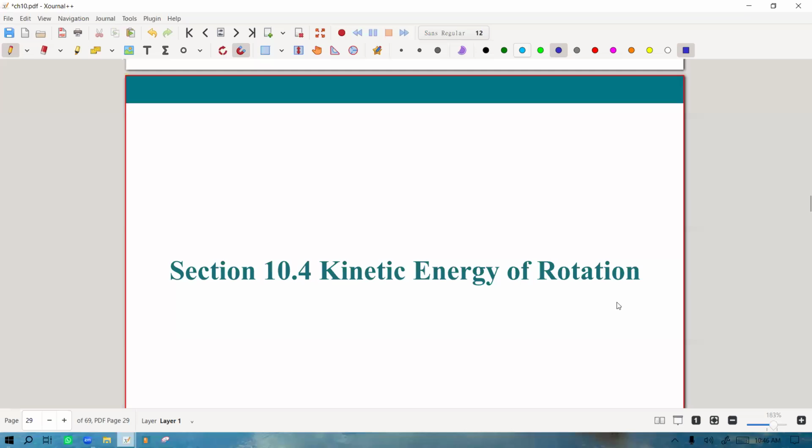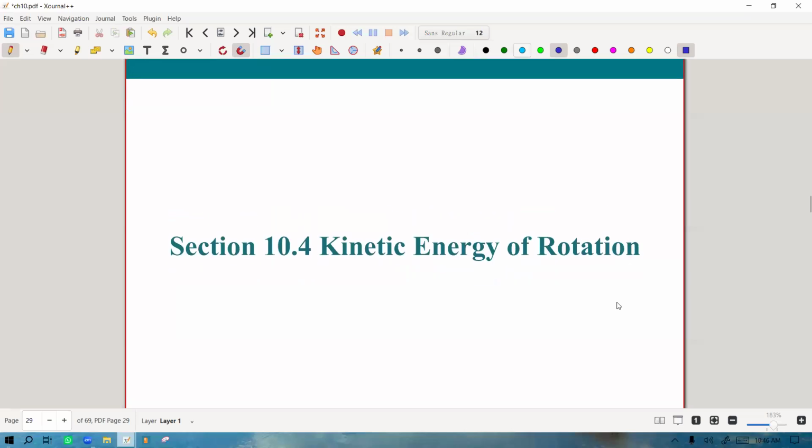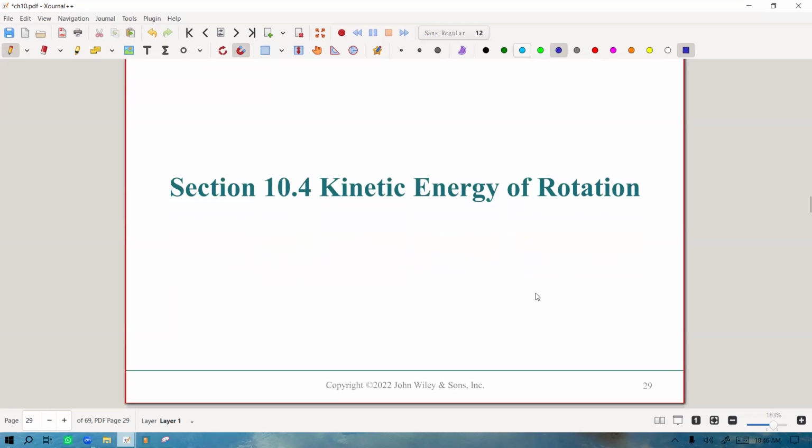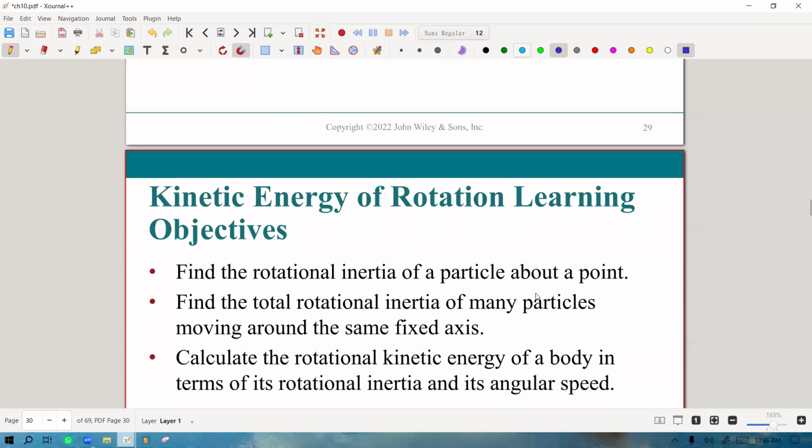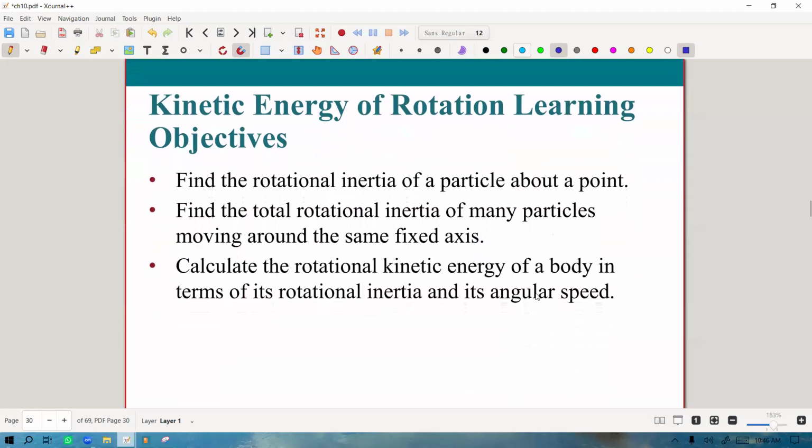Okay, and then the kinetic energy of rotation. In a similar way to linear motion, the kinetic energy is the energy from the motion of the particles, right?